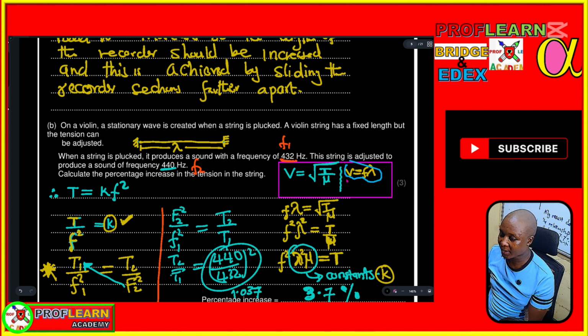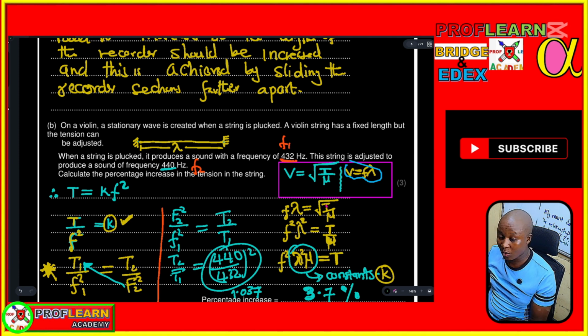So basically that's what I did. I replaced v with f lambda, but remember, wavelength remained the same in this case because the violin wire is fixed at 2 points, so we can ensure that wavelength remains the same.